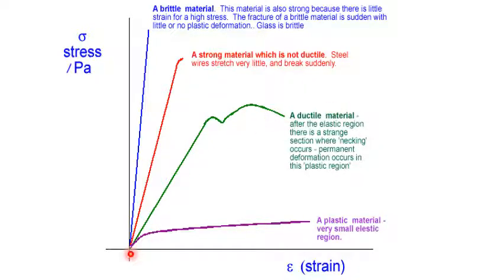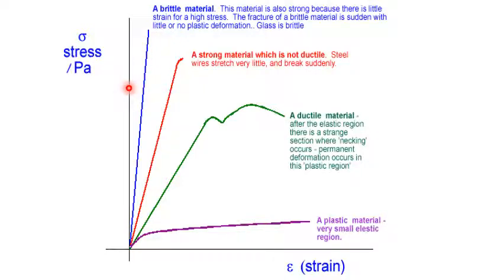But if you take a brittle material like cast iron, and you apply a tensile load to that, there will be a linearity between stress and strain, but it breaks without showing any elongation. Before showing the yield point itself, the material will break.